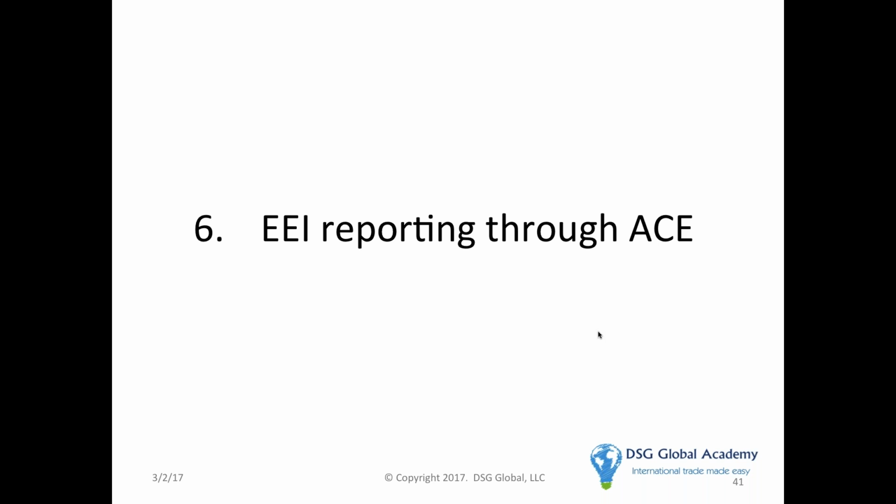Now, 3 years ago, President Obama signed an executive order for facilitating export and import through a common window, and he mandated to all the government agencies that there should be one IT platform for imports and exports data.